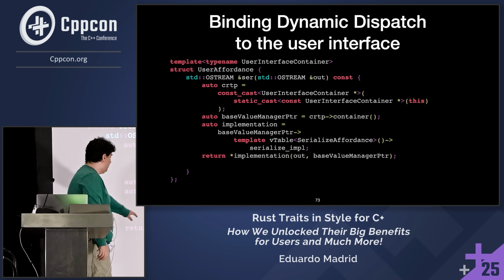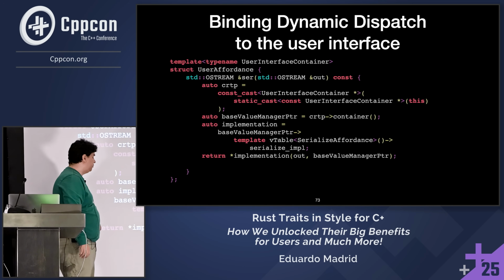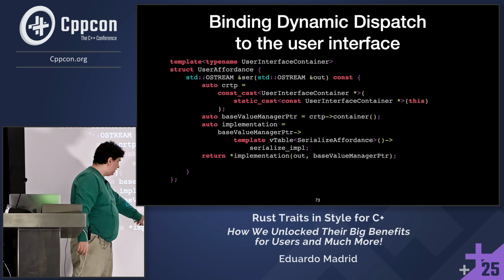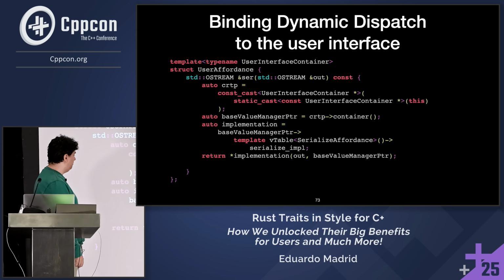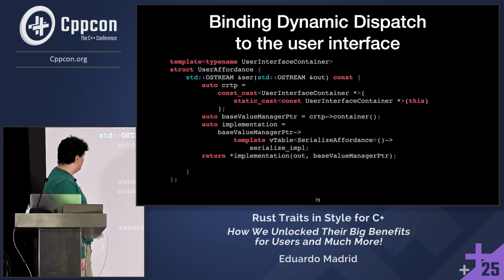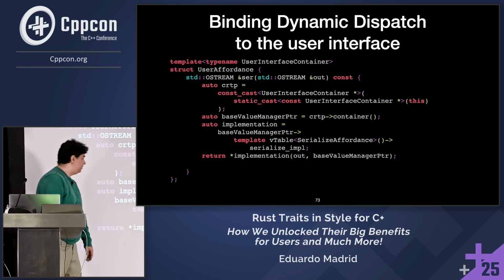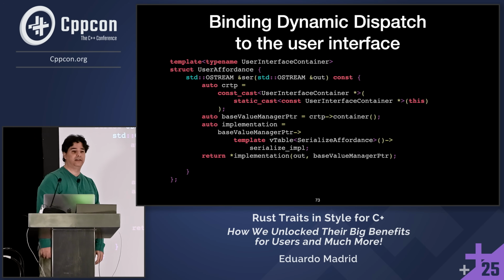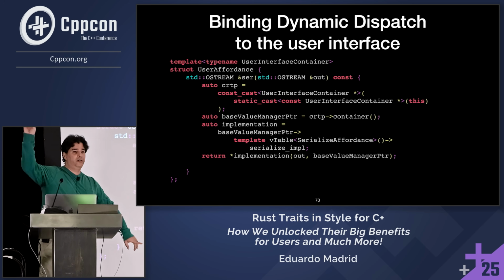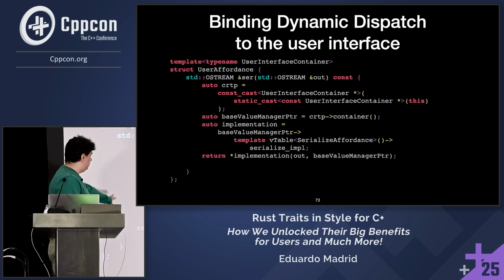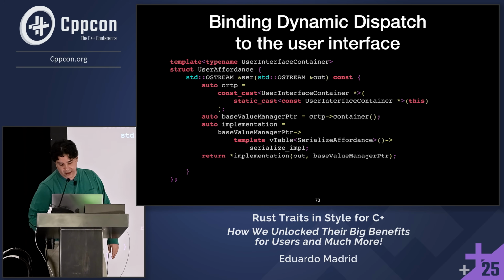That will be here. Allows you to have access to the virtual table, and you can access the serialized implementation. And that's how you get the pointer that you want to call, and that is the invocation that ties all of the facilities that we architected to be made available to the user.